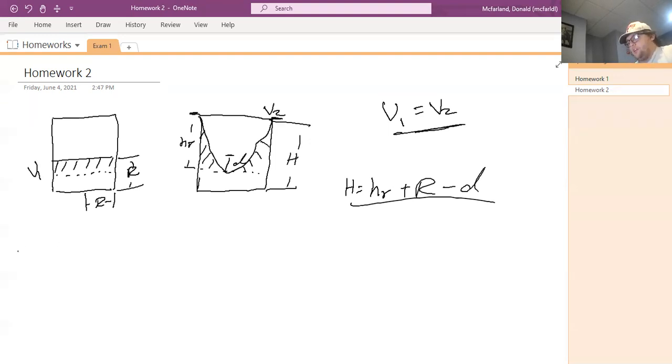So what's going to happen now is we're going to start with volume 2. So we have this area right here, where in the center the volume is 0, and at R, some point over here, this volume will be dV.